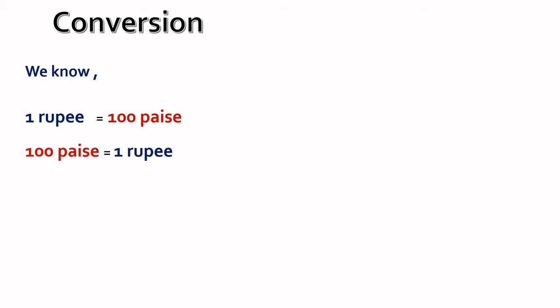Let us understand conversion. How to convert rupees into paise or paise into rupees? We know that 1 rupee is equal to 100 paise. Similarly, 100 paise is equal to 1 rupee.